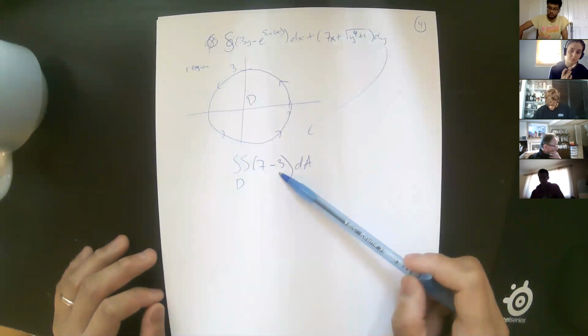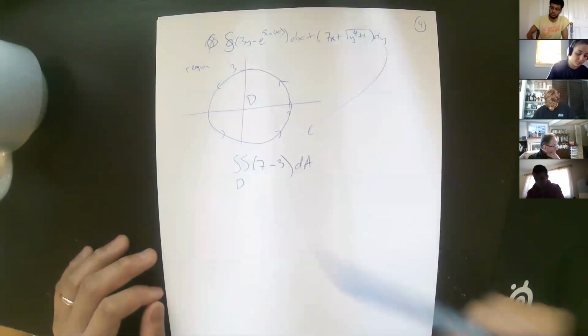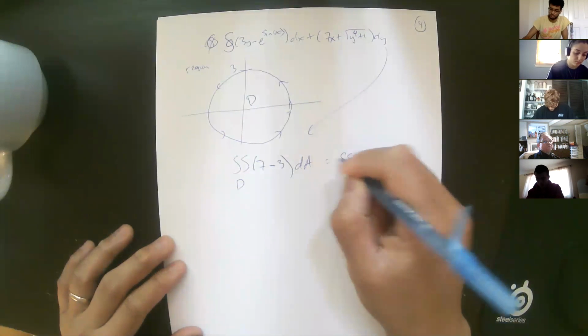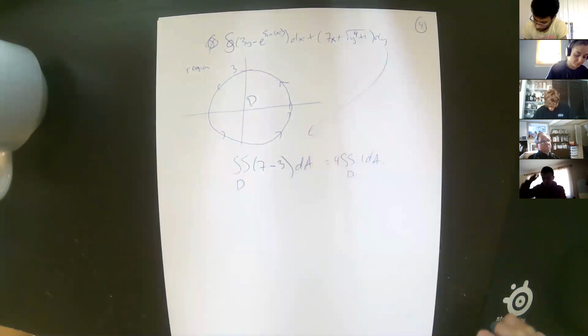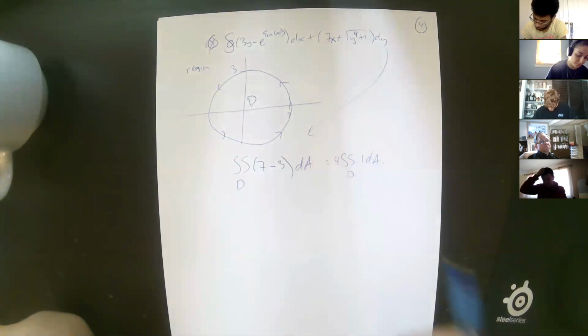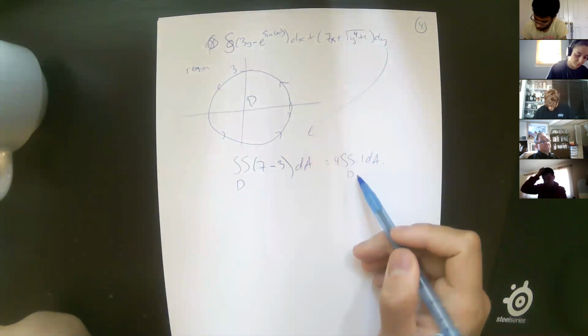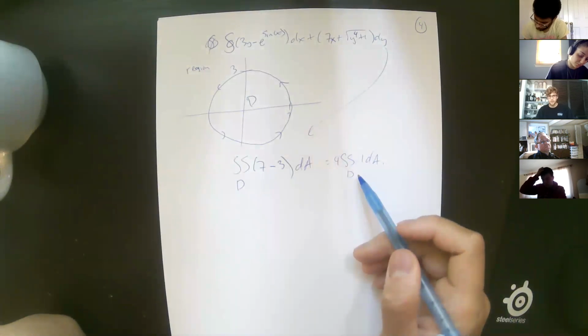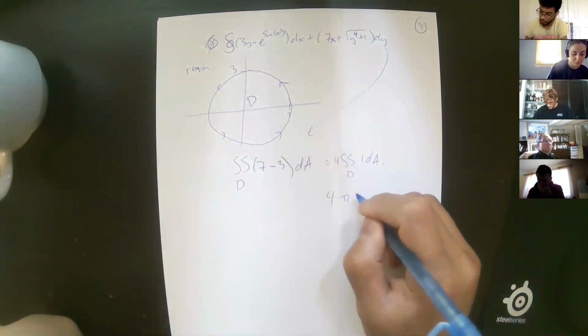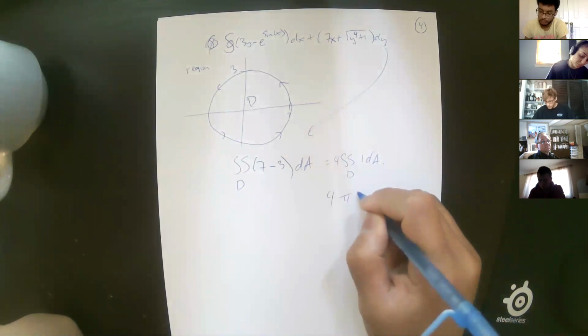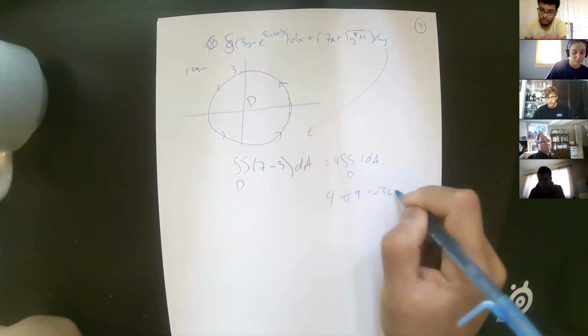So this is just 4 times the integral over the circle, which is 4 times the area of the circle, right? So it's 4 times pi r squared, which is 3, so 9, 36 pi.